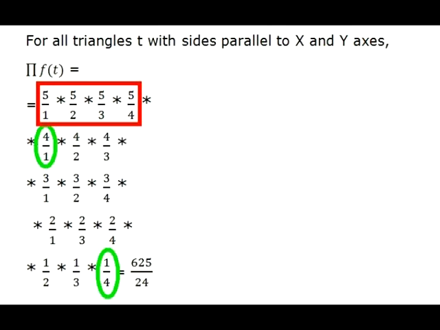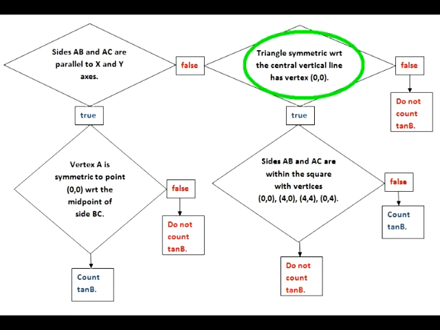Y. Let's now get to the case of right triangles whose sides AB and AC are not parallel to X and Y axes. The first test for this type of triangle is if the triangle symmetric to it with respect to the central vertical line has origin point 0, 0.